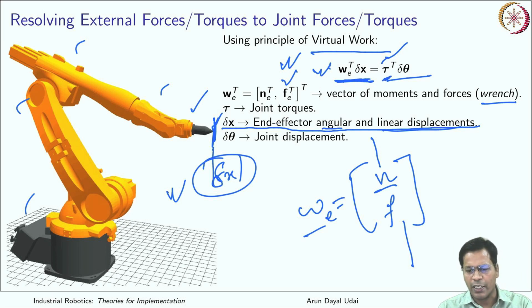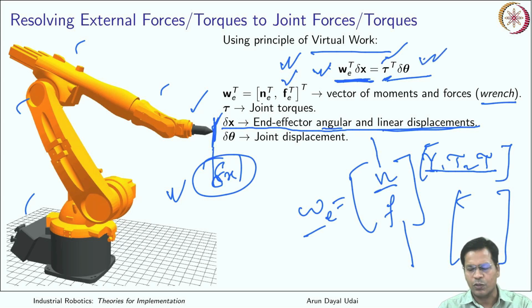So torque transpose, because it is to be oriented like this, multiplied by the joint angles, by which each of the joints is moving in order to give you the displacement delta x. So that is your input work done. Input work done is equal to output work done.